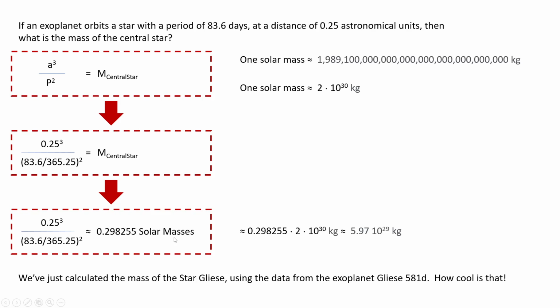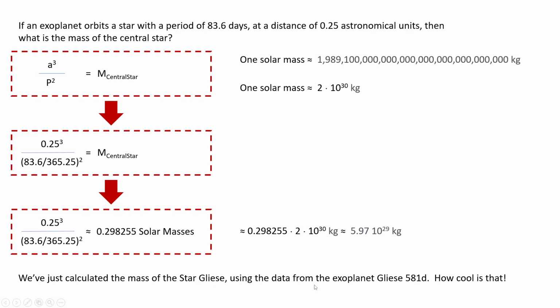And of course, a solar mass is a really big number, basically 2 times 10 to the power of 30 kilograms. If you multiply these, you get roughly 6 times 10 to the power of 29 kilograms.